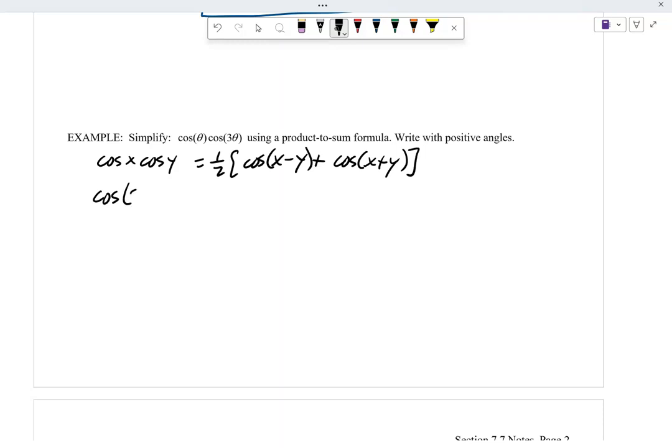Again, I'm going to put that 3 theta first, where our 3 theta here is our x, and our y here is theta.